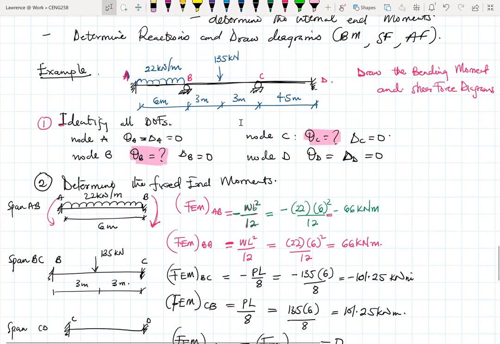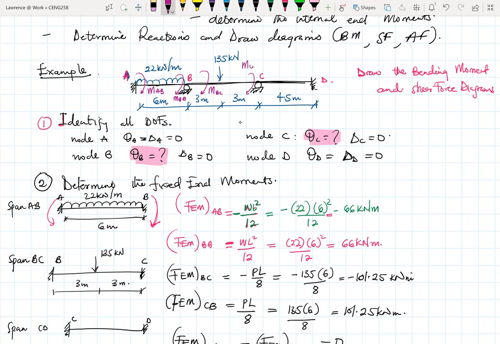I'm going to go back to the original diagram here and just show you. Here I have MAB. Here I have MBA. I'm messing things up. Forgive me. This is MBC. So these are all at the ends.